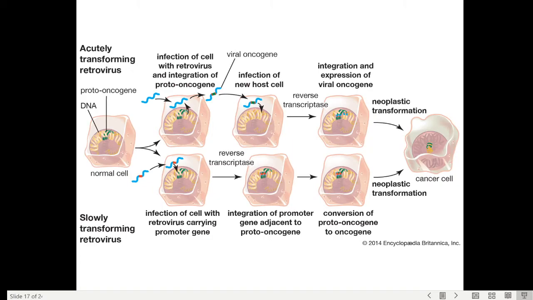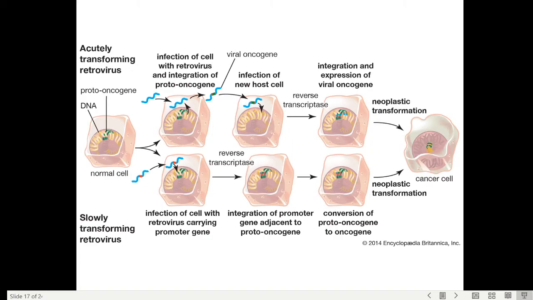In this process, they ask many questions relevant to the steps. First is a normal cell, then infection of the host, and after the infection, neoplastic formation. Neoplastic formation related questions are most repeatedly asked in examinations. In the CSIR examination, they give it like a story: that is the acutely transforming process. Then slowly transforming retrovirus, how they are slowly transformed.